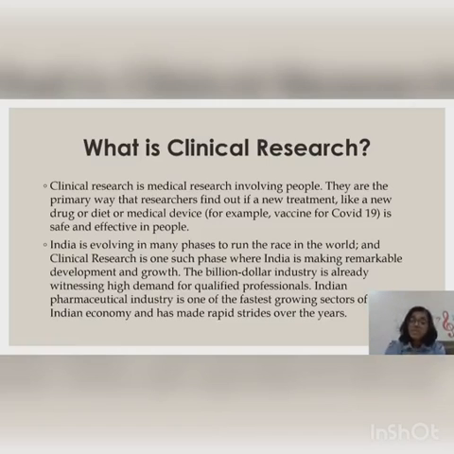The Indian pharmaceutical industry is one of the fastest growing sectors of the Indian economy and has made rapid strides over the years. There is a massive need for clinical research professionals in this fast growing field. Clinical research makes an interesting career option with great scope for professional growth. To build a career in clinical research, basic education in this field is necessary.